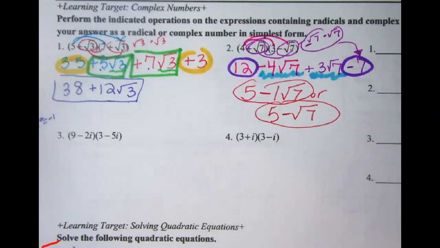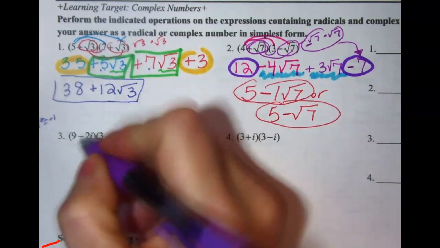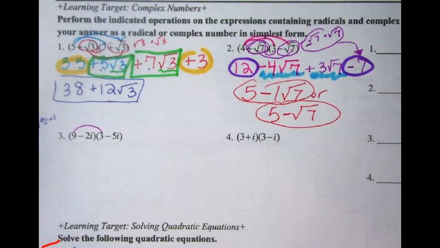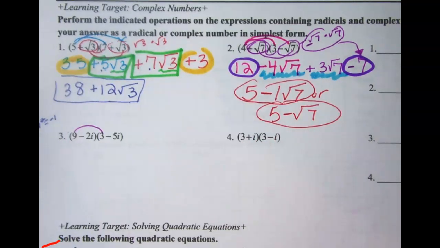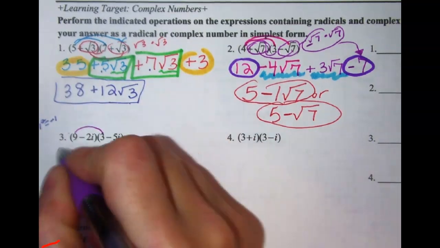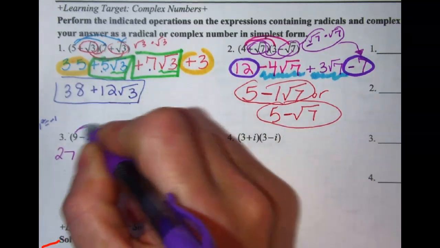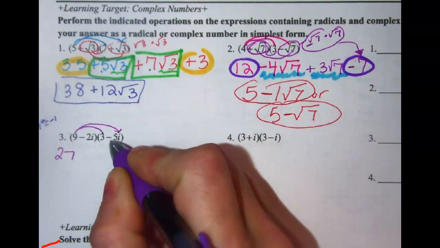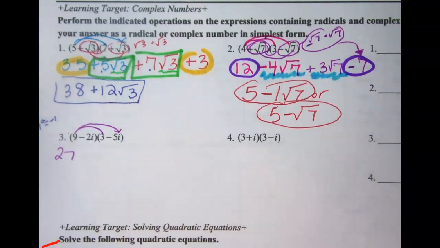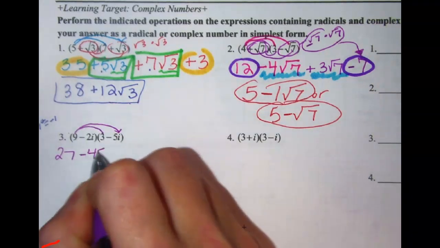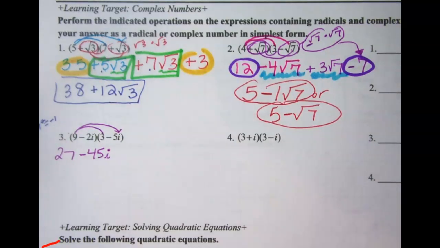So let's do the double distribute. So I'm going to do on the top 9 times 3. Okay, that gets us to 27. And then I like to do 9 times this negative 5, which would give me a negative 45, and then there's an i with it.